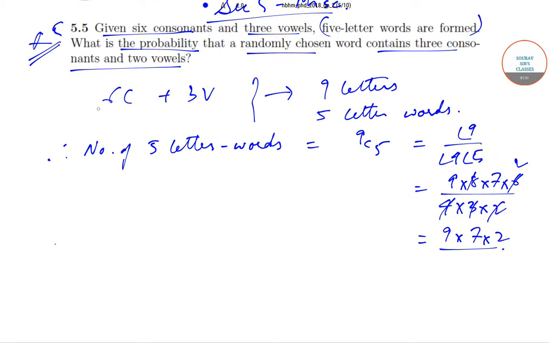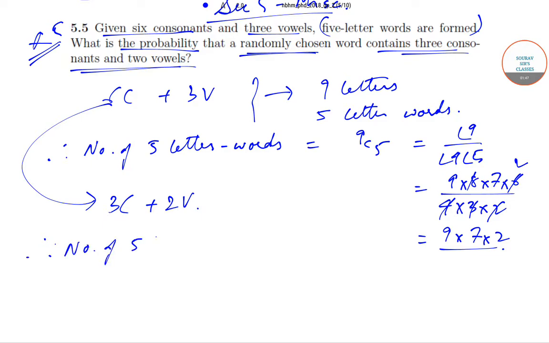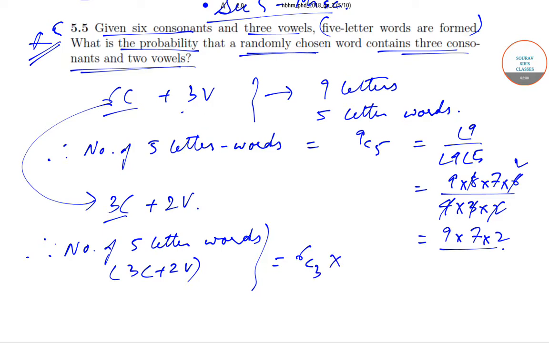Now in the second part, we have been given that the randomly chosen word will have 3 consonants and 2 vowels. So the number of 5 letter words having 3 consonants and 2 vowels will be equal to, out of the 6 consonants we have to choose 3 consonants, so that will be 6C3, and out of the 3 vowels we have to choose 2 vowels, that will be 3C2.